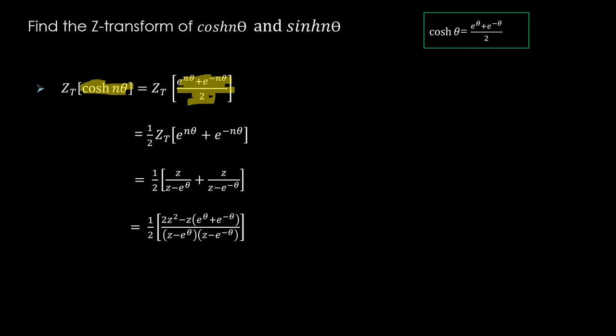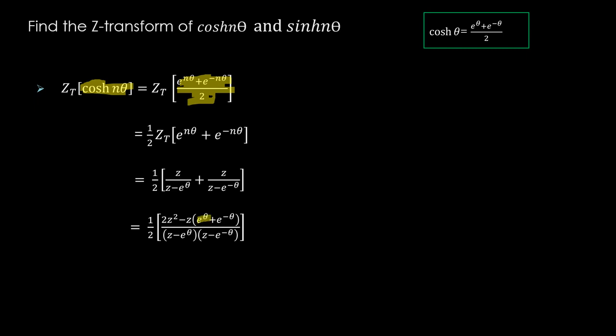On simplification, you'll get half times 2z square minus z into e power theta plus e power minus theta divided by z minus e power theta into z minus e power minus theta.